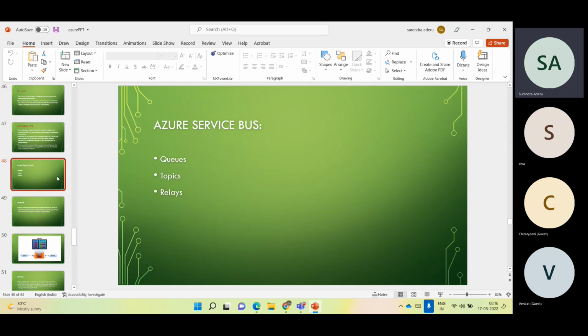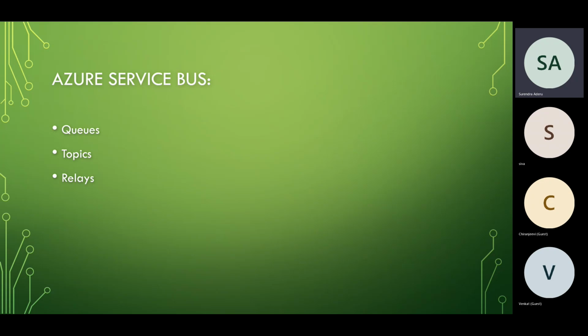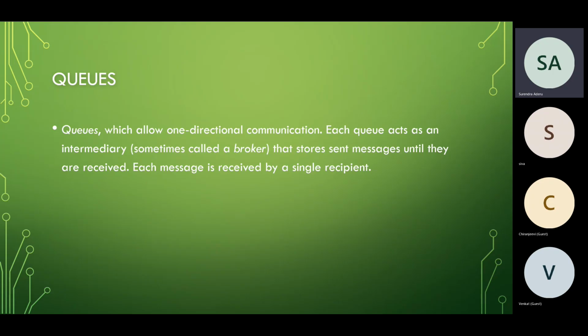Azure has its own proprietary service, that is Azure Service Bus. When it comes to Azure Service Bus, we have queues, topics, and relays. It means three different categories of services available at the Service Bus namespace. When I click on queues, for example, if you want to make use of queues as your messaging service, it is only one directional.